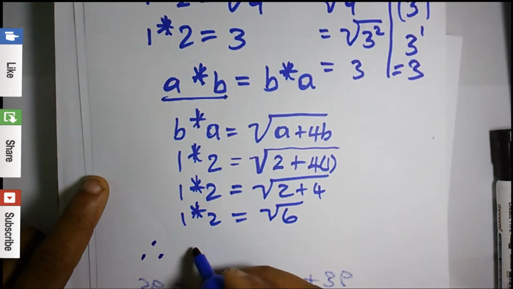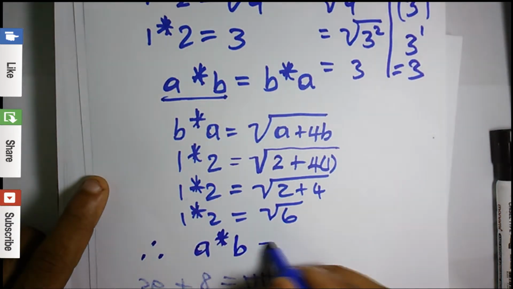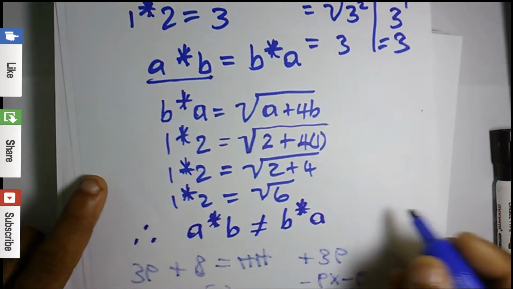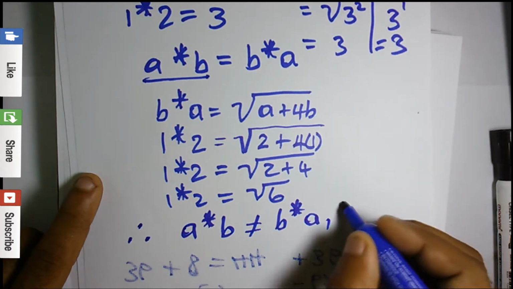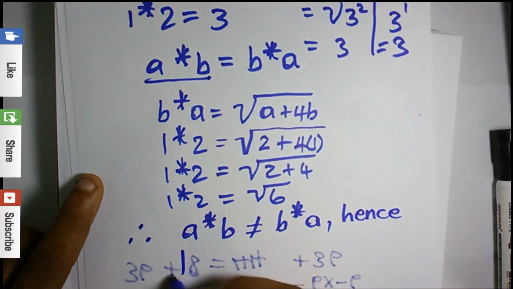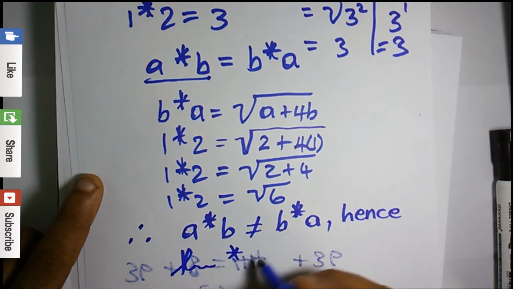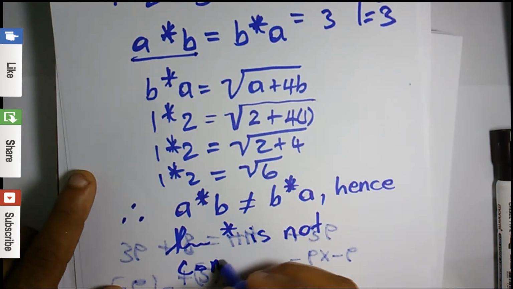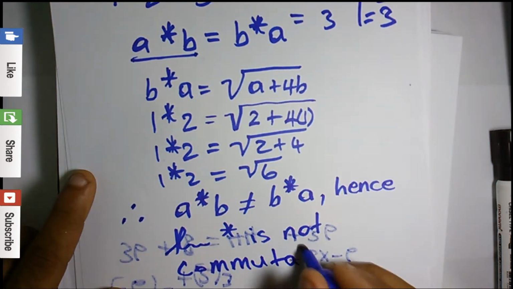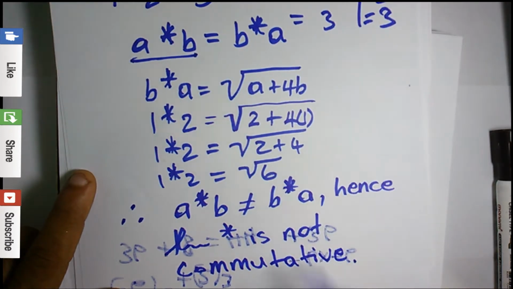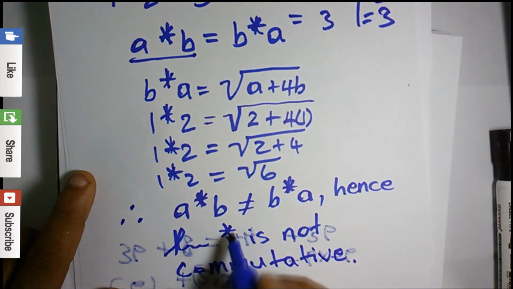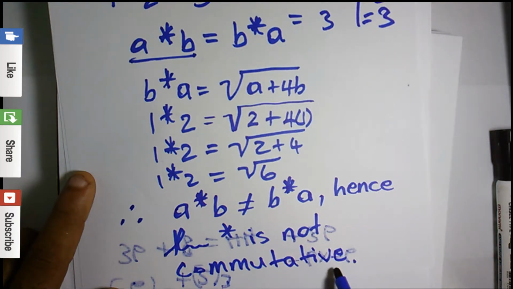I can write therefore a asterisk b is not equal to b asterisk a, hence the star is not commutative. Remember, the star is representing the binary operation. So what I could have said also, hence the binary operation is not commutative.